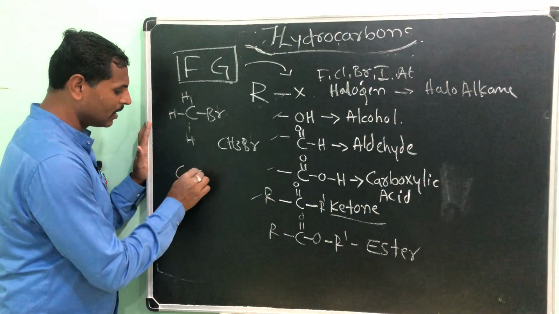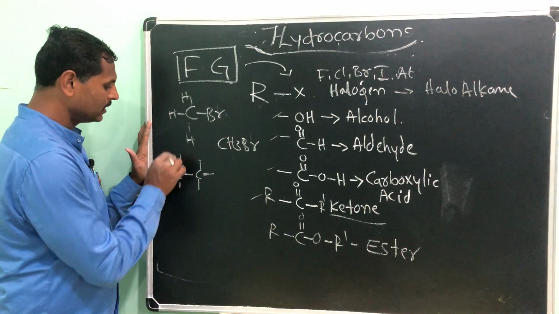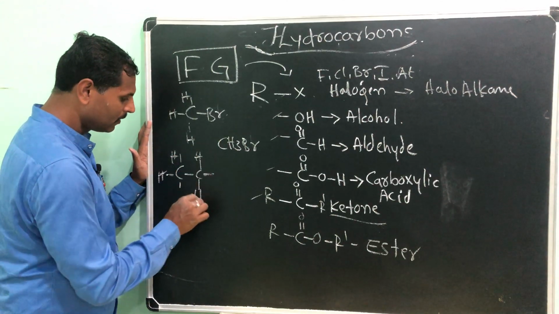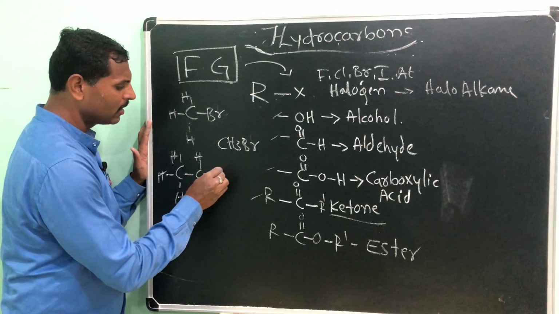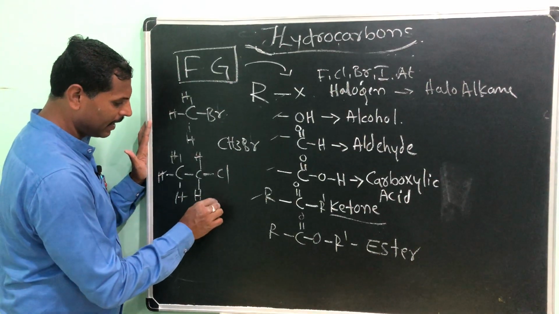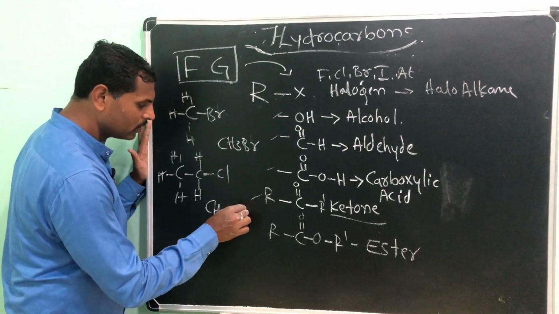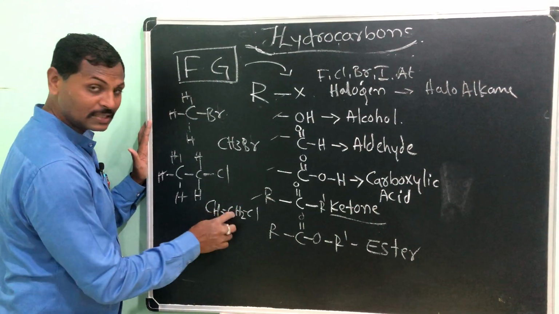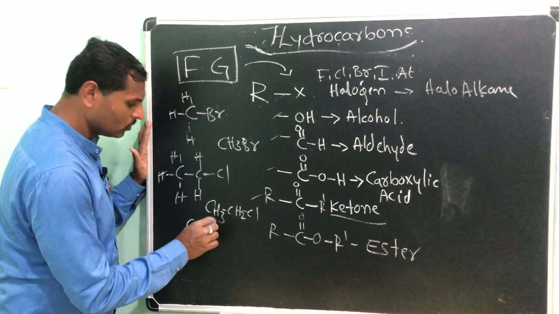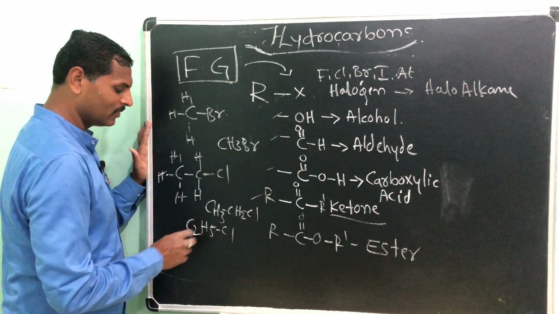If you take 2 carbon atoms, then see here, I will add chlorine, then CH3, CH2Cl. How many carbons are there? 2, and then add Cl. You can write like this, you can write like this.